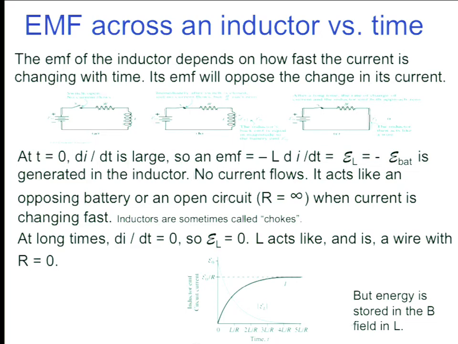And the current, let's see, we have to have a current too. Now that's interesting. The current, at T equals 0, because there is a quick surge here, actually spikes up like this and drops down.